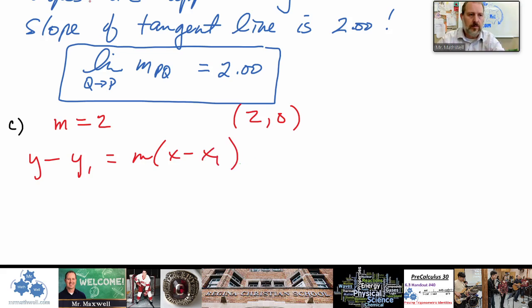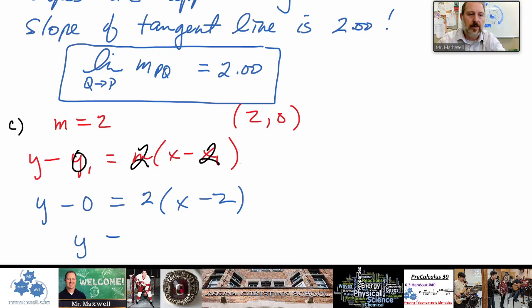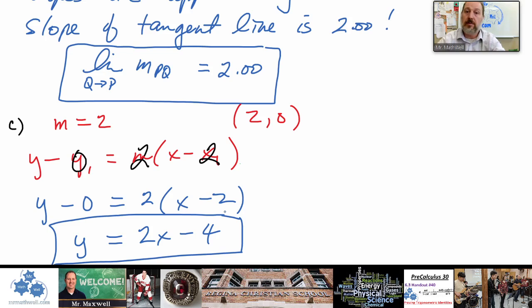We've got 2 here, a 0 here, and a 2 for the slope. That gives us y minus 0 equals 2 times (x minus 2). This becomes just y, and this is 2x minus 4. So this should be the equation of the tangent line.